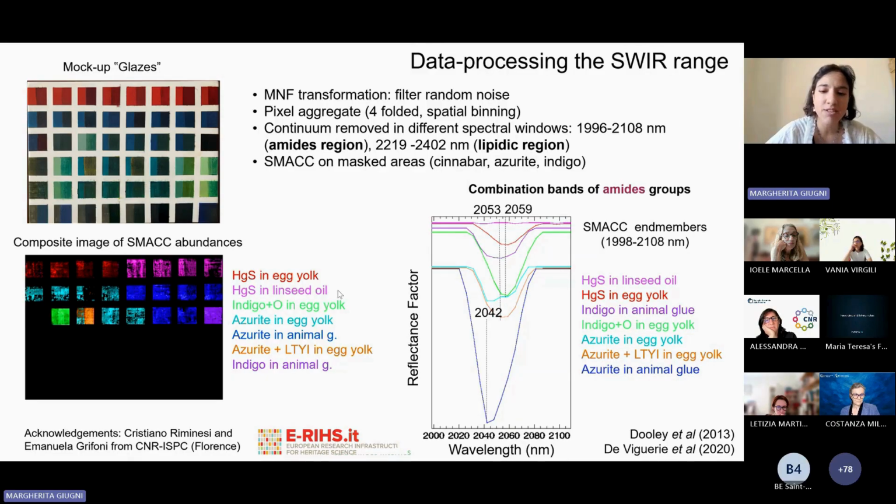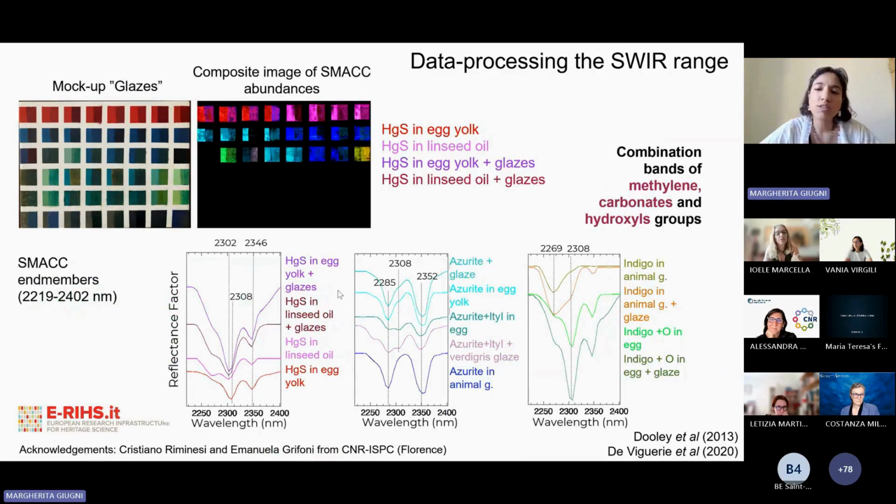In real cases, it is much more difficult to spot this feature from egg yolk and animal glue that are quite close in the spectra in terms of position of the features, and they have also a tiny contribution.